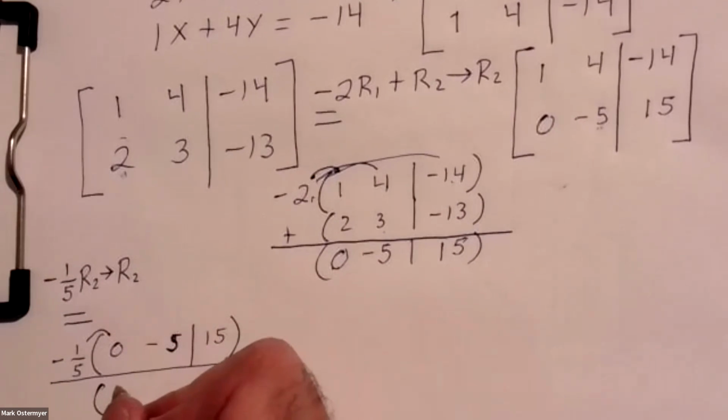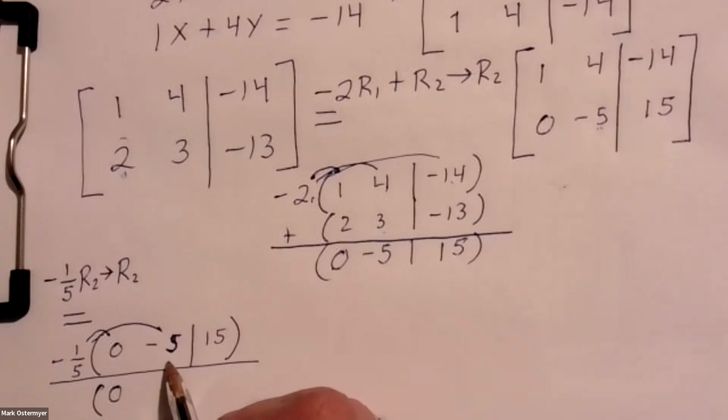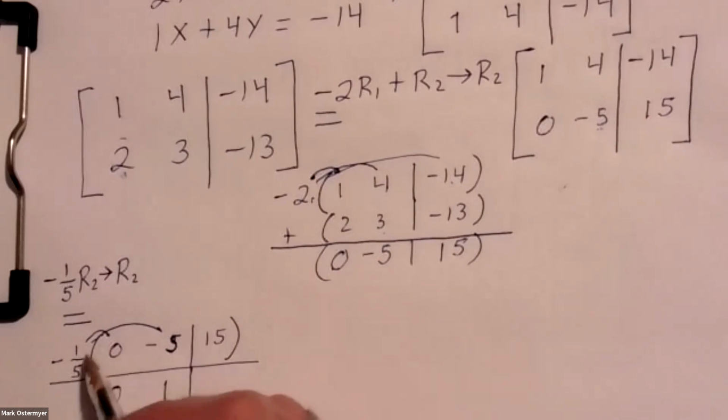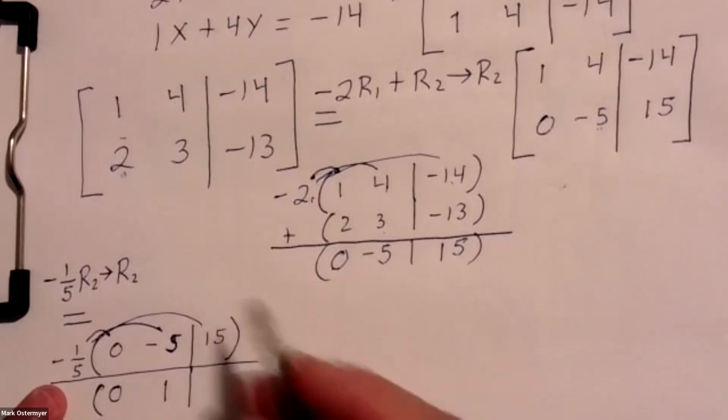-1/5 times 0 keeps the 2-1 entry as a 0, which it must be. -1/5 times the 2-2 entry, -5, turns the 2-2 entry into a positive 1. That's what we want. And -1/5 times 15 turns the 2-3 entry into what? What is -1/5 times 15?